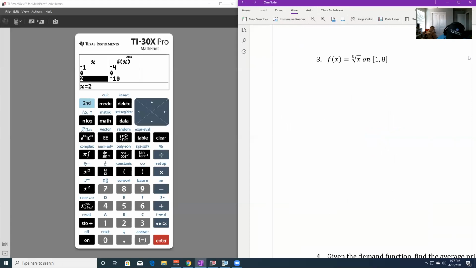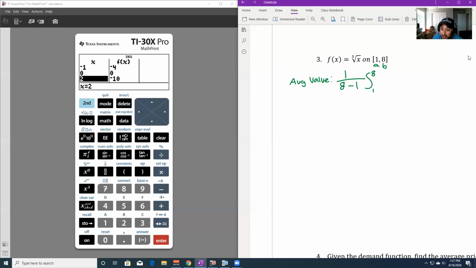This is going to be A and B. 1 is A, 8 is B. Okay, and then our average value is going to be given by 1 over B minus A, so 8 minus 1, times the integral from 1 to 8.